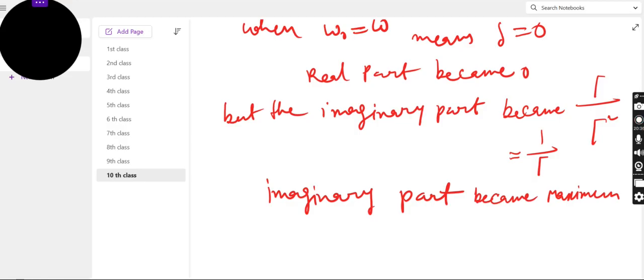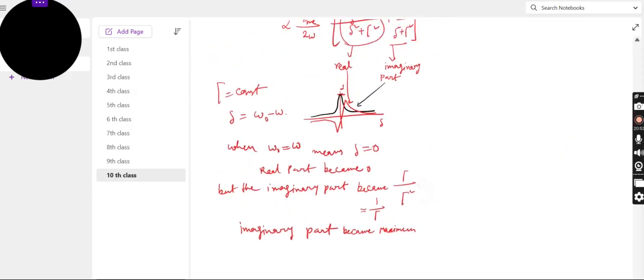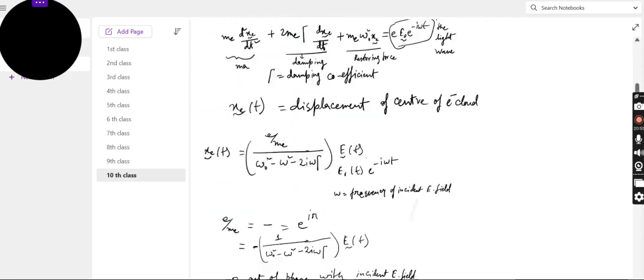But when delta becomes 0, its denominator becomes small. So when the denominator becomes small, the whole fraction becomes large.